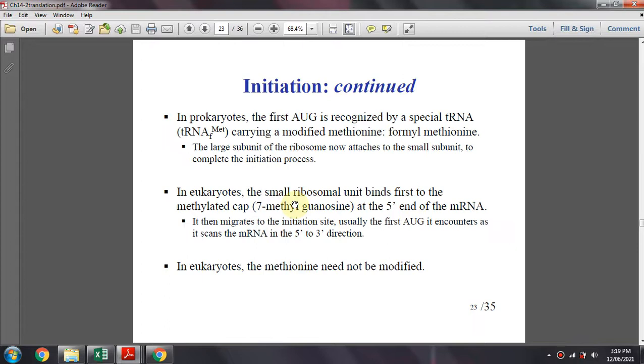In eukaryotes, small subunit binds to the methylated cap because eukaryotic mRNA is modified by 5' capping and 3' polyadenylation. So the eukaryotic ribosome binds to 5' cap. It then migrates to the initiation site, usually the first AUG codon. And in eukaryotes, the methionine need not be modified by formylation.